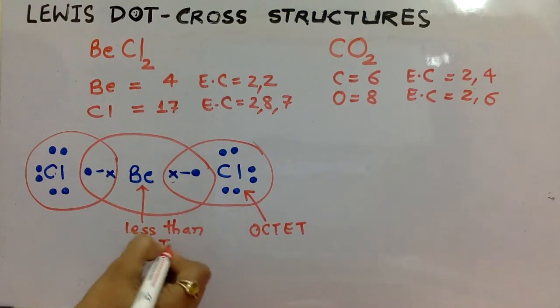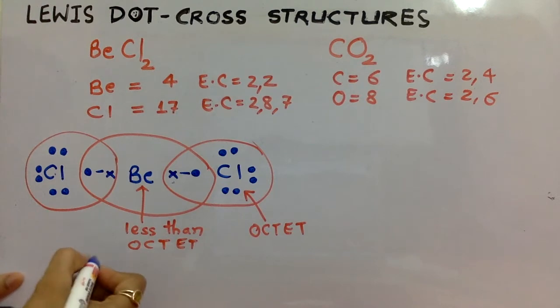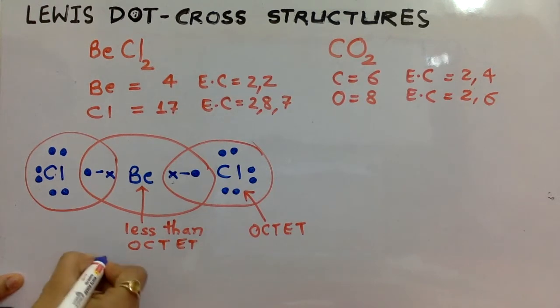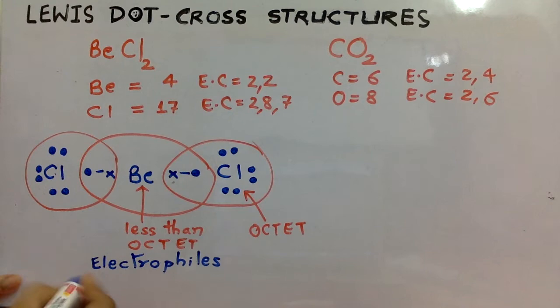Less than octet. And we learned, when the central atom has less than octet, then such molecules are called electrophiles. They are the examples of Lewis acids.